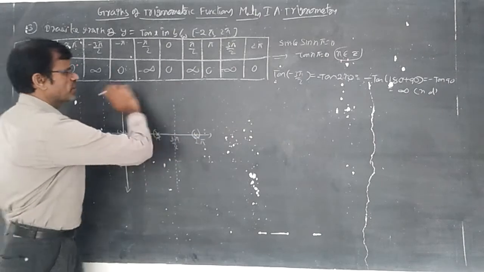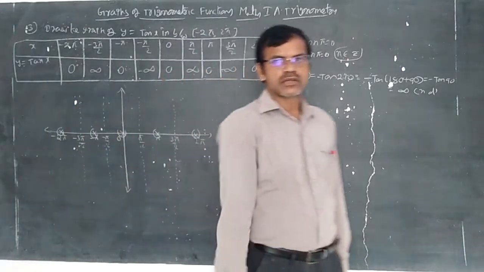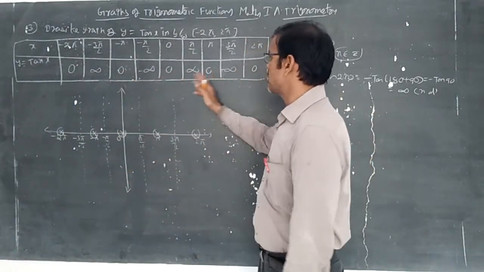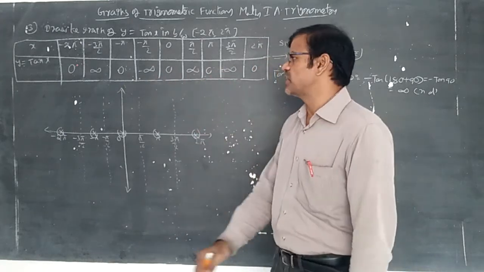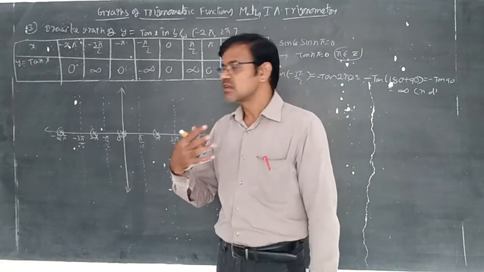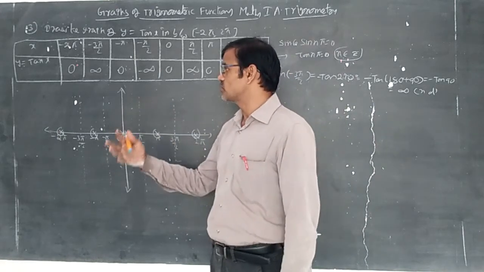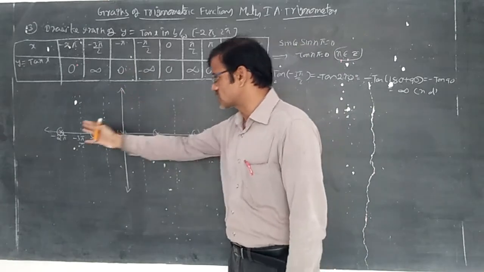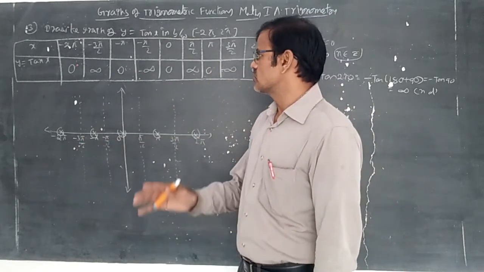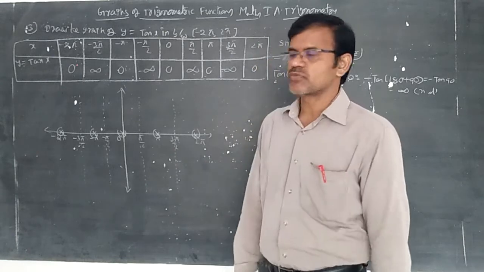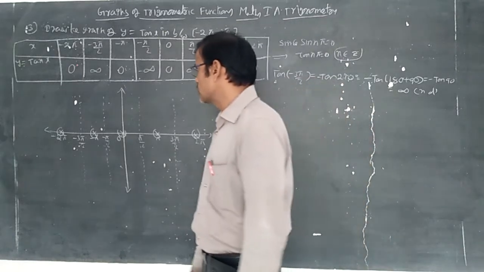Here you can observe one thing: the range of tan is minus infinity to infinity. So many values may exist for the tan x graph from one interval to another.